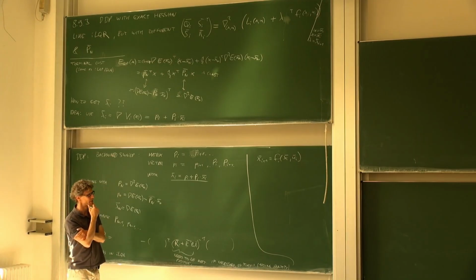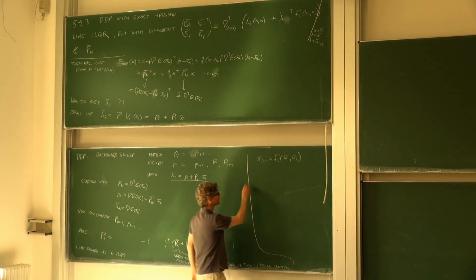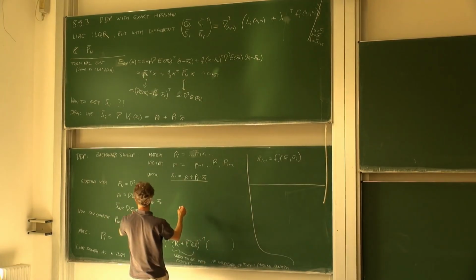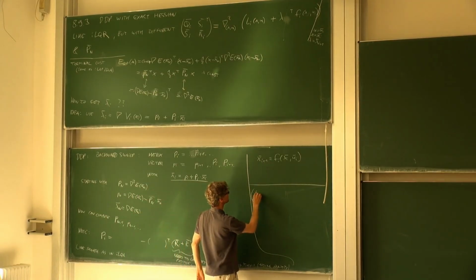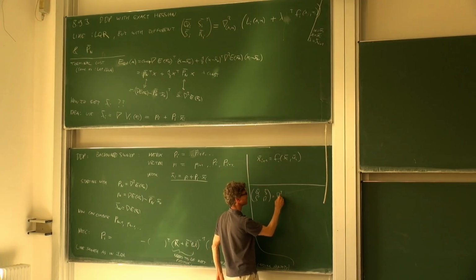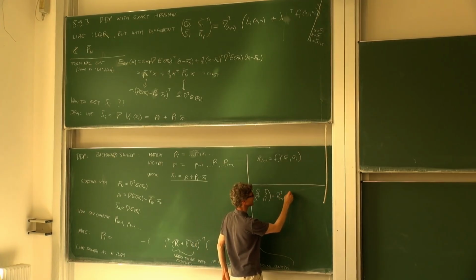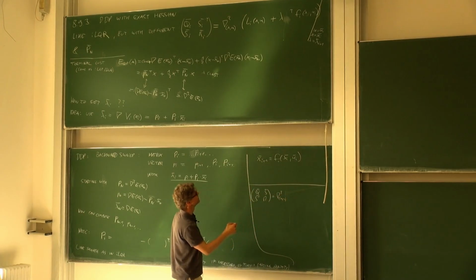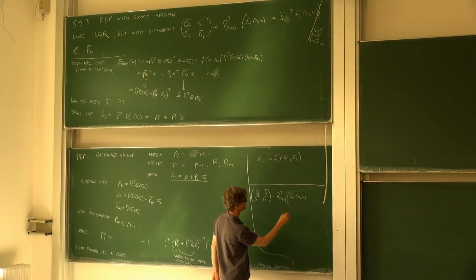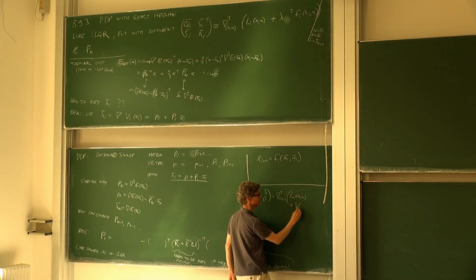Maybe I should say that the original way DDP is presented is slightly different. They get these Q bar, R, S terms as the second derivative in x and u of a function which is written as the original L_i(x, u), the original stage cost, plus the V_{i+1} function.